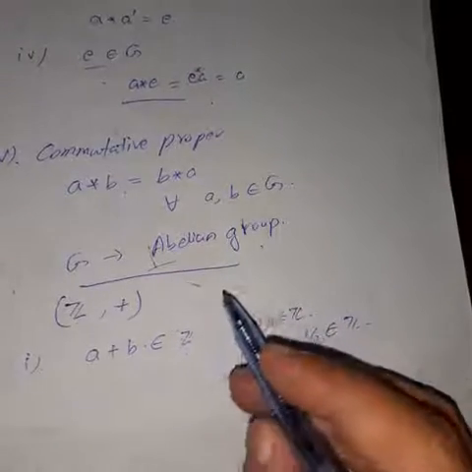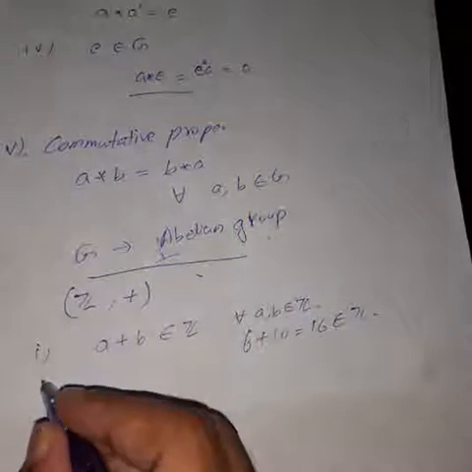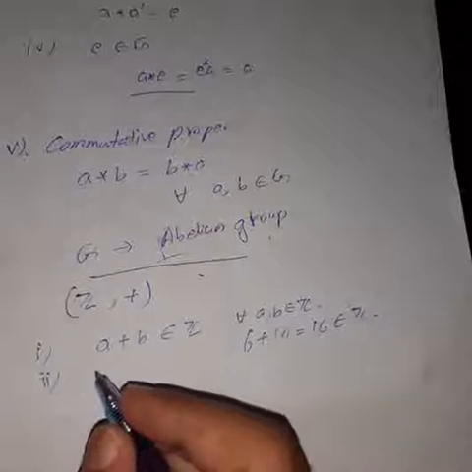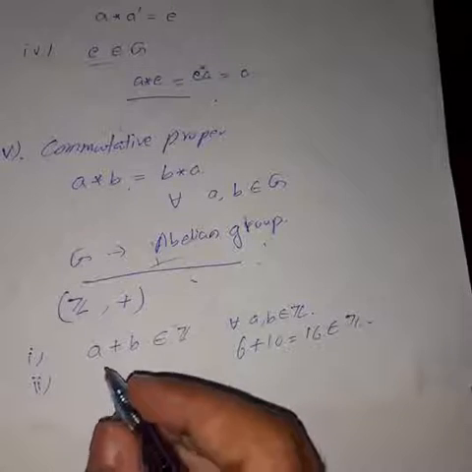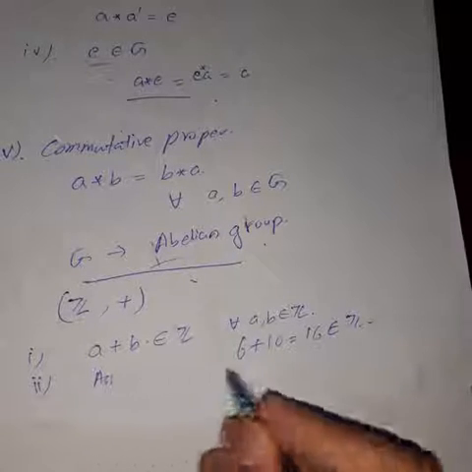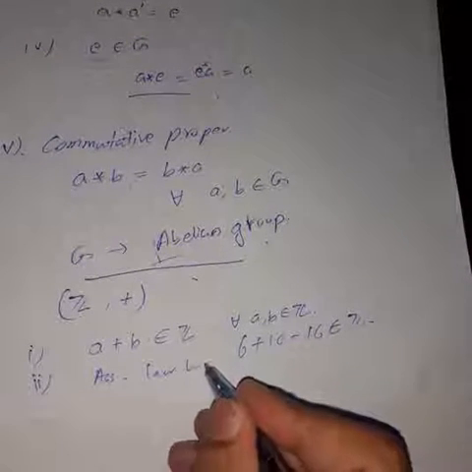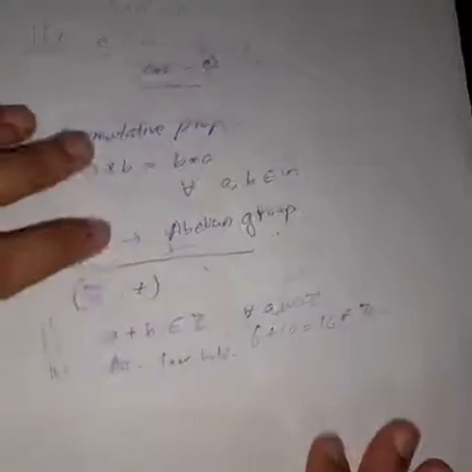So the first property holds. Second, the associative law is obvious. In addition, the associative law generally holds. 2 plus 3 plus 4 or 3 plus 2 plus 4, the answer is the same. Doesn't matter.